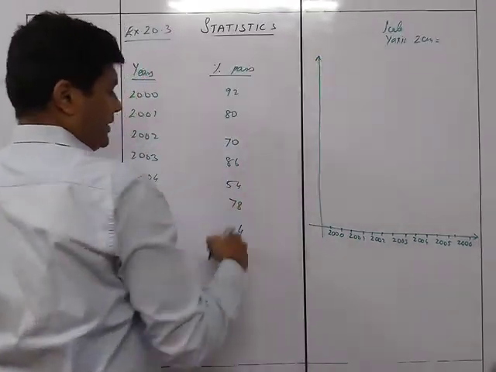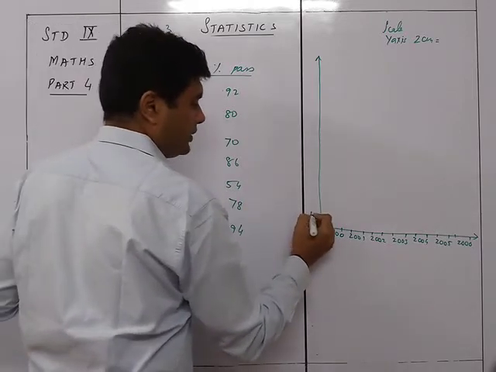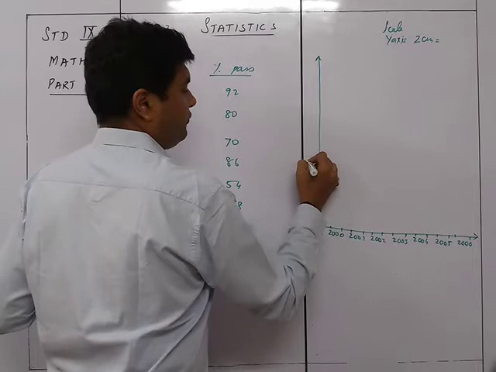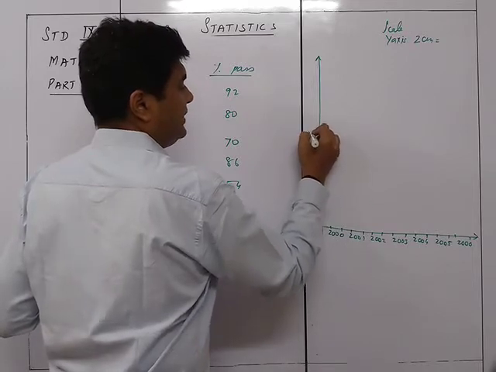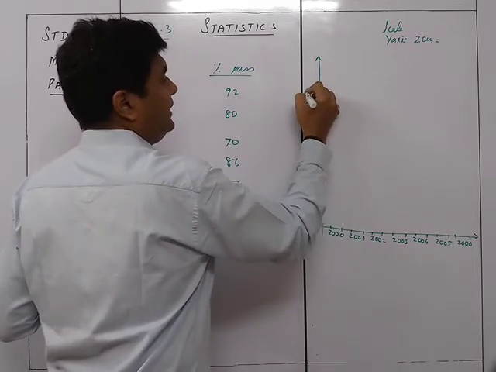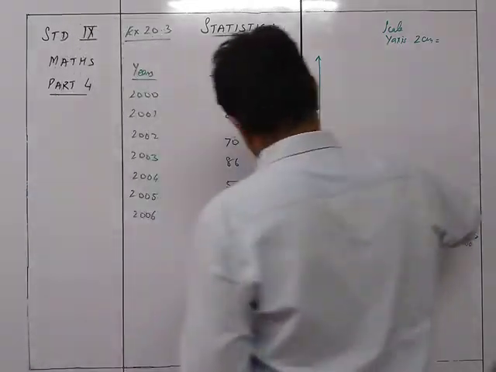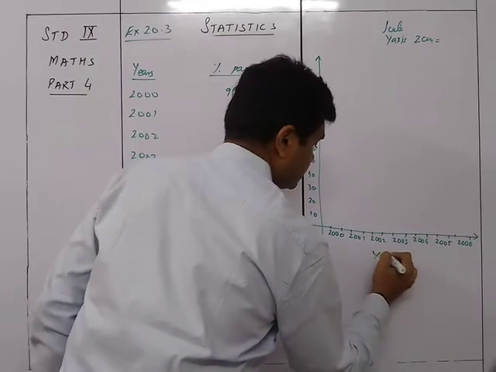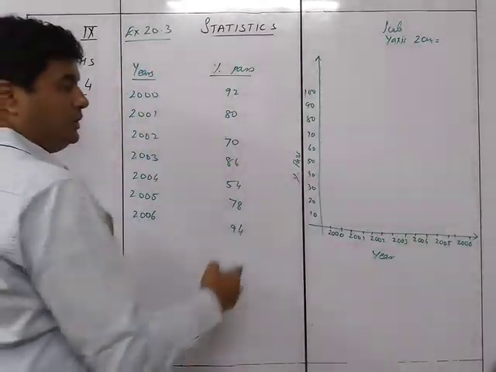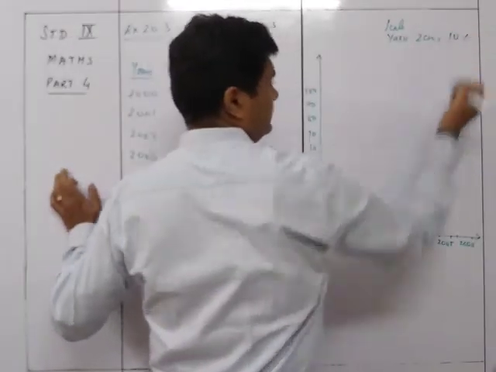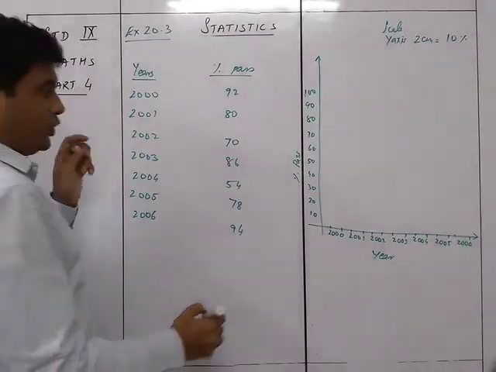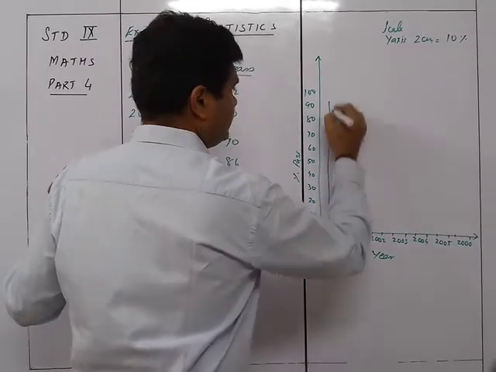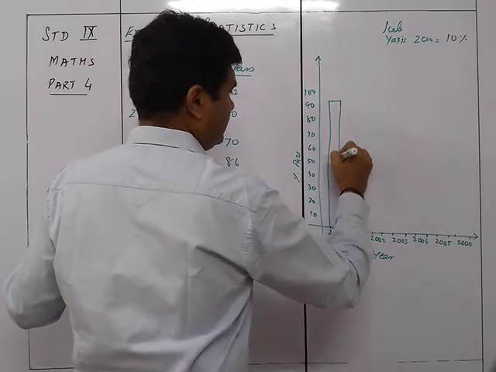On this side we have got up to 100, so we can just go for 10, 20, 30, 40, 50, 60, 70, 80, 90, 100. So this is percentage pass and this is years. Here, 10%. First one is 92%, so 92 will be just about 90, two lines above 90.